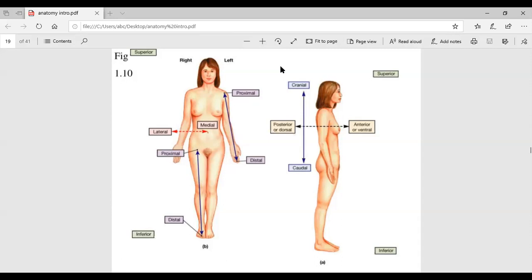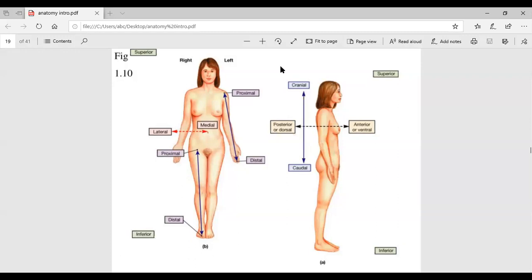And then the last terminology is cranial and caudal. Cranium means brain. So cranial and caudal is also a comparative terminology. The organs which are closer to the brain side are called cranial, and the organs which are present downside, below, are present caudally.